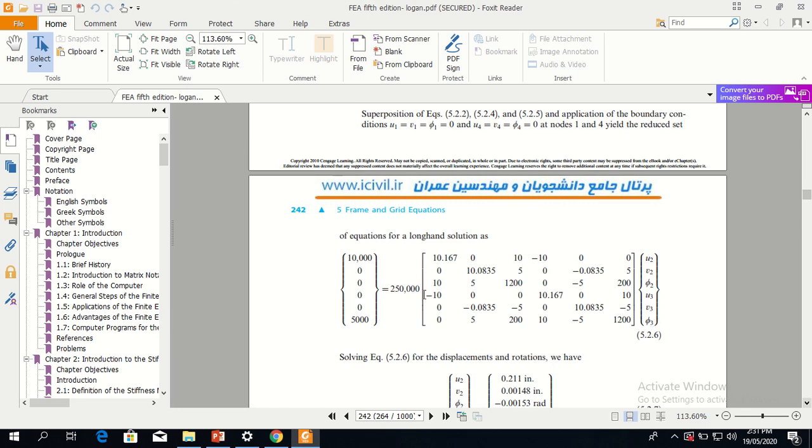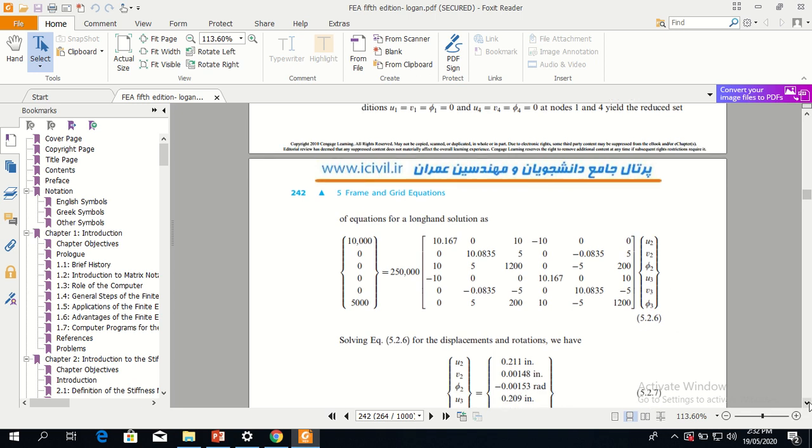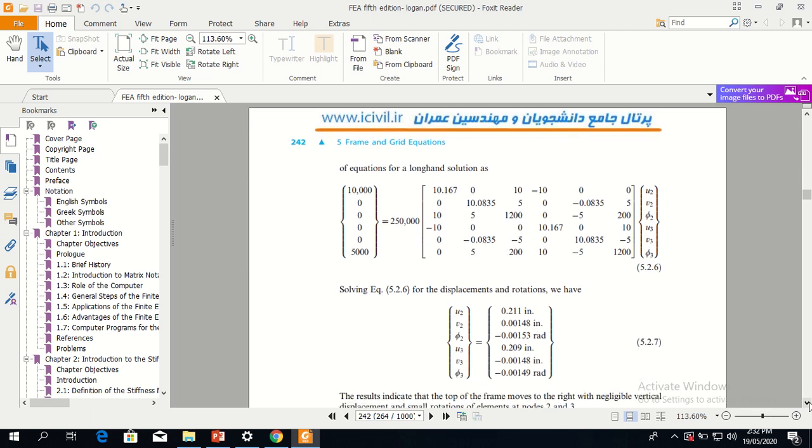So now we need to solve this 6 by 6 matrix, and 6 equations will be developed and then simultaneously solved to find these 6 unknowns. It is quite difficult to solve 6 equations simultaneously, so you can use MATLAB.